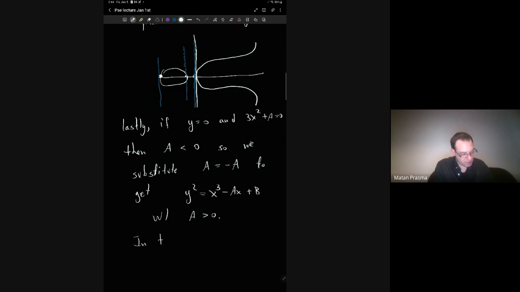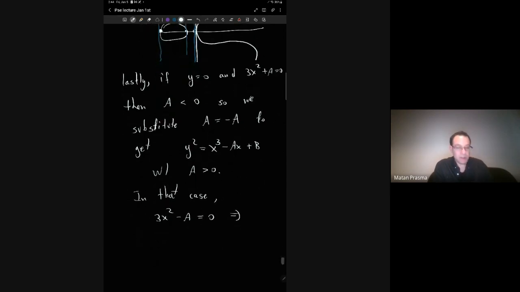In that case, 3x squared minus a equal to 0 implies x equals plus or minus square root of a over 3. Now, I can substitute it.